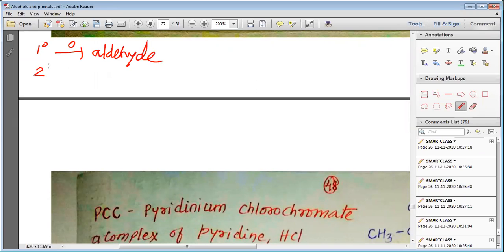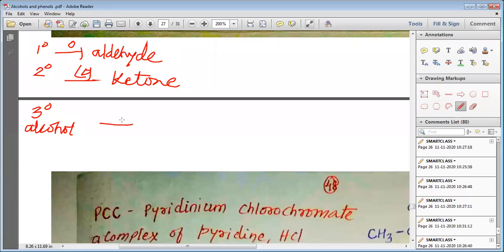If we have secondary alcohol, on oxidation, they may give ketone. Tertiary alcohol do not undergo oxidation.